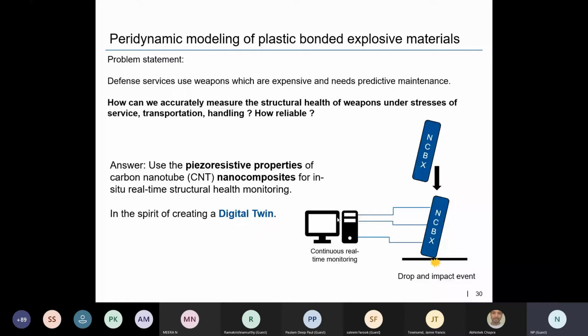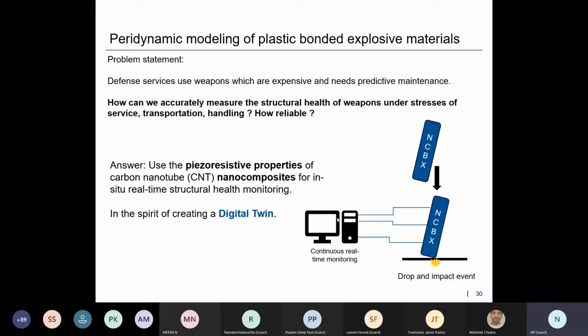But for now, suffice it to say that a digital twin is just a real-time model or a virtual representation of some physical thing. So instead of using external sensors to monitor such a material, we wanted to convert this material itself into a kind of sensor, right?